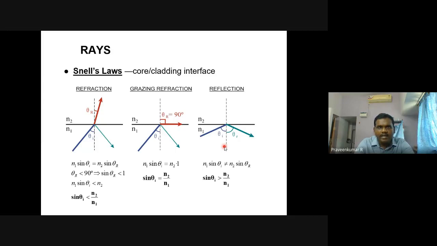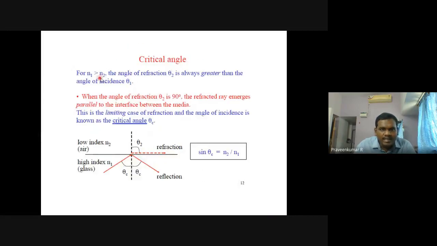For n1 greater than n2, the angle of refraction theta 2 is always greater than the angle of incidence theta 1. When the angle of refraction theta 2 is 90 degrees, as I have already shown, the refracted ray emerges parallel to the interface between the two media, air and glass or air and water. This is the interface point between the two media.